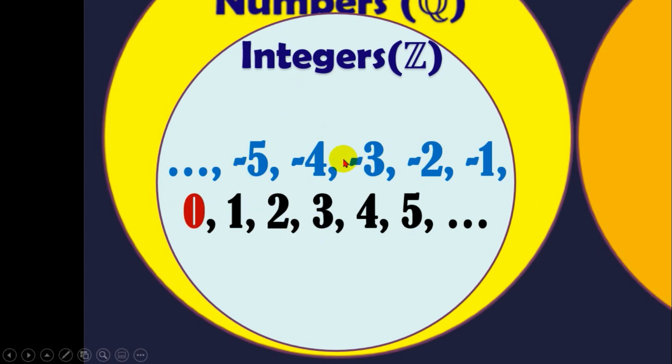Okay, so lahat ng 'to, kapag nakakita kayo ng let's say negative 100, it's an integer. Negative 7, it's also an integer. Pag nakakita kayo ng let's say 72, it's also an integer. 72 is also a whole number, and it is also a natural number. Pero pag halimbawa, binigyan kayo ng number na let's say negative 5, it is only an integer. It is not a whole number.